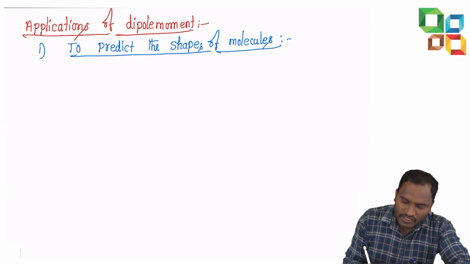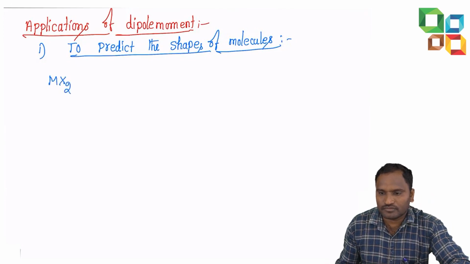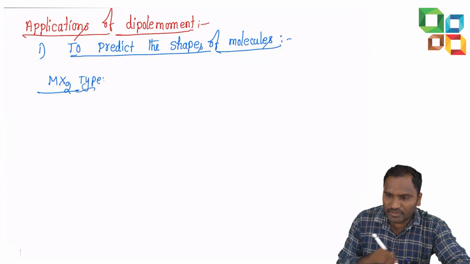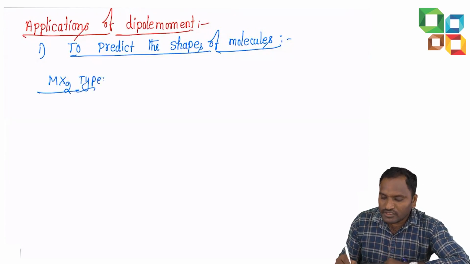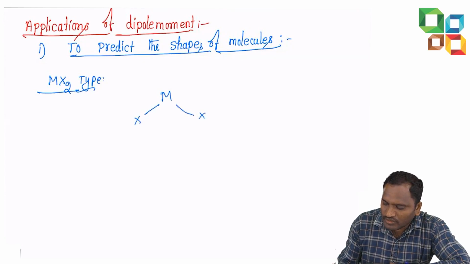How to predict? See, students, MX2 type. MX2 type molecules can arrange in an angular shape, or they can also arrange in a linear manner.